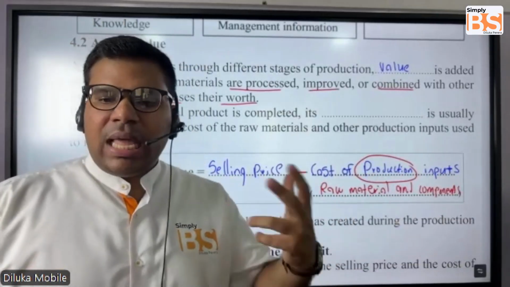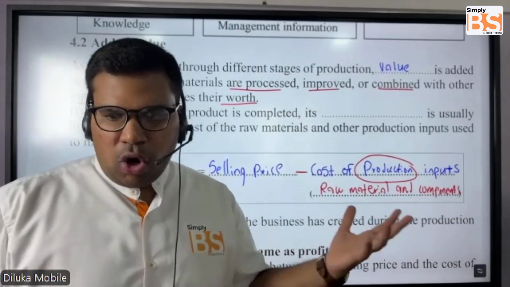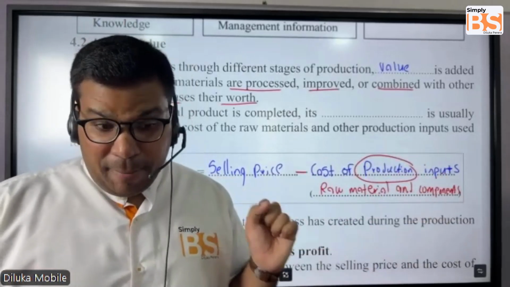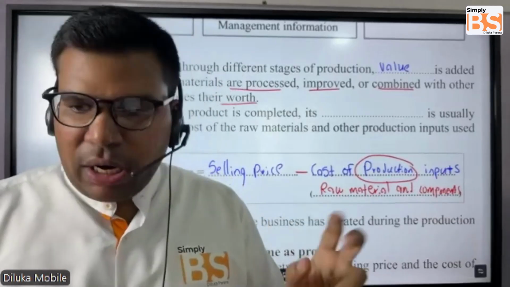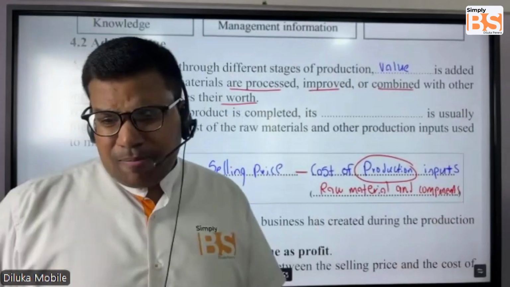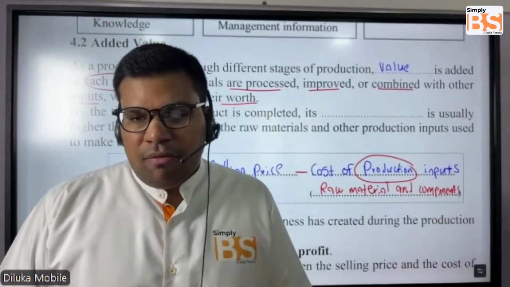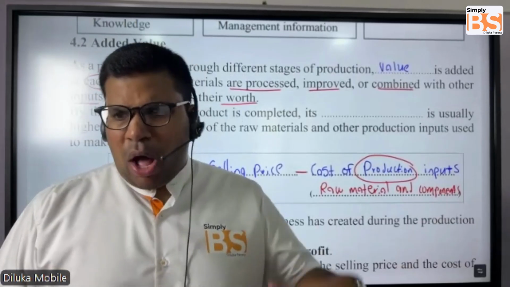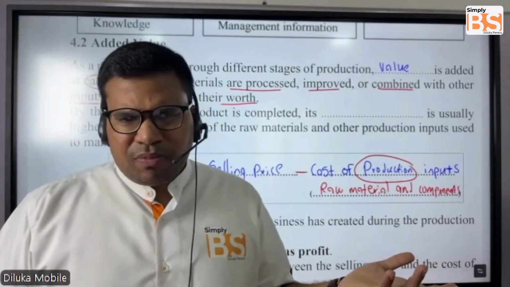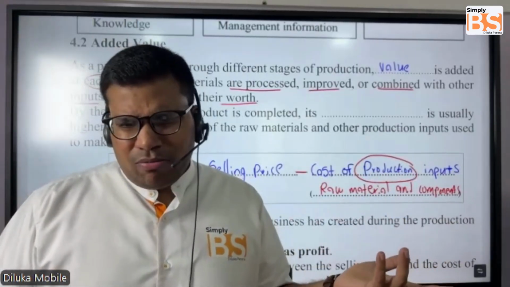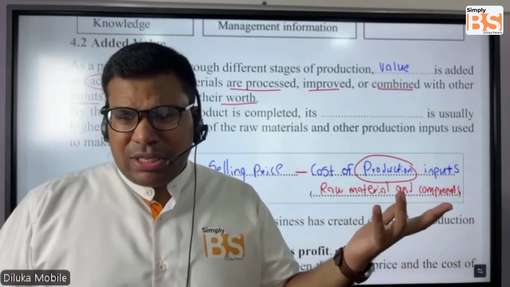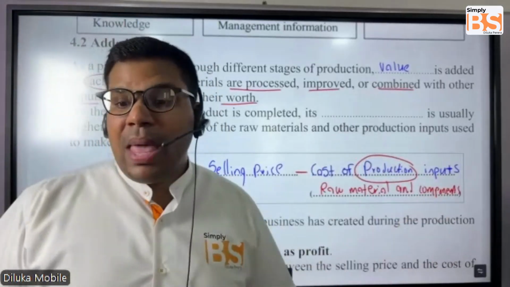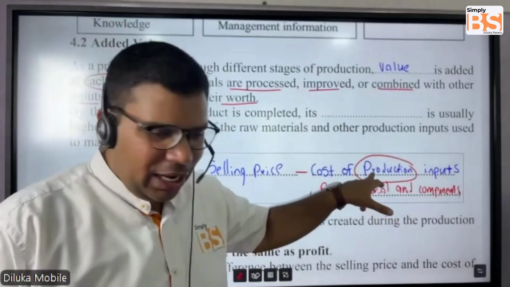There are certain inputs, students, that you might not need for direct production, but there are certain inputs that you will need for direct production, mainly raw material. Raw material you directly need for the production. Other inputs like electricity, transport, workers' wages and all those things are the other expenses that you incur, which are not directly into production.